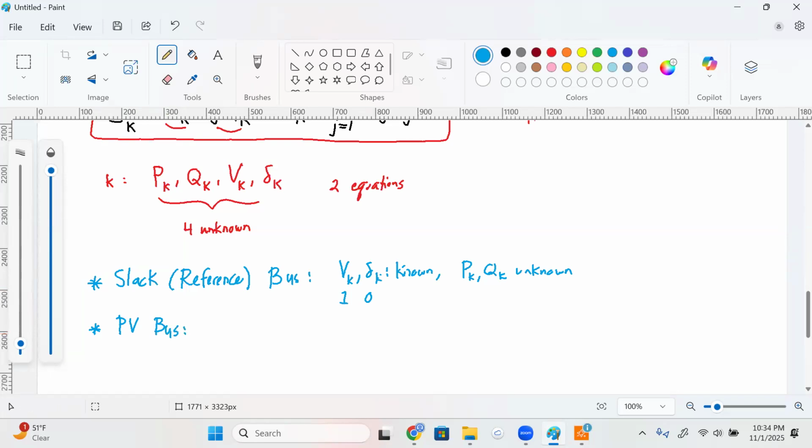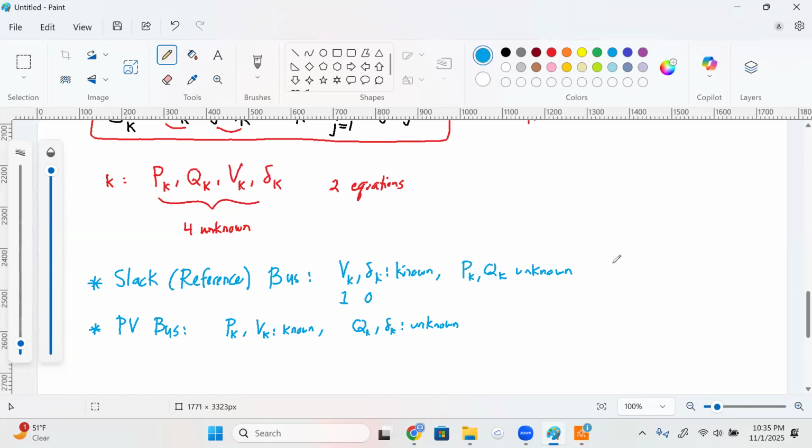A PV bus, as the name says it, is a bus in which active power and voltage magnitude are known. So P and V are known, but then reactive power at that bus and phase angle of the voltage are unknown. Notice in each of these cases, I have two known variables and two unknown variables. Then those two unknown variables are going to be solved using the two equations that I have for that bus.